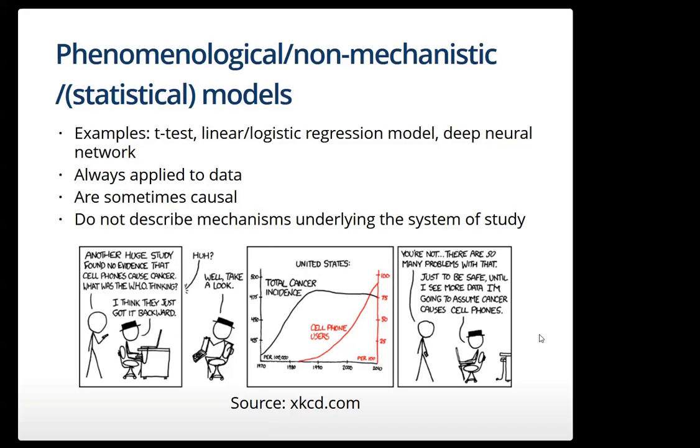You need to use then your scientific knowledge to decide, does this thing actually cause that or not? So those are the models that I assume all of you have at least at some point played with or been exposed to, and these are the models we will not be talking about in this course.